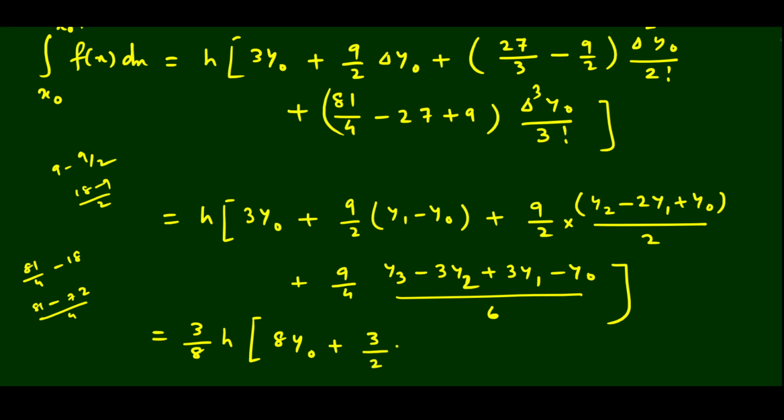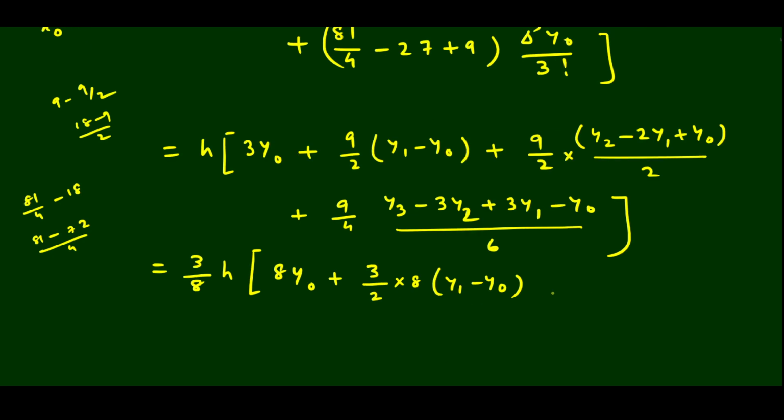Then there is 2. But if we take 8 common, then we have to multiply it by 1/8 (y1 minus y0). Then again from the next term, if we take 3/8 common, 9/4 is already there, right? 9/4. So now it is 3 into 4 (y2 minus 2y1 plus y0).